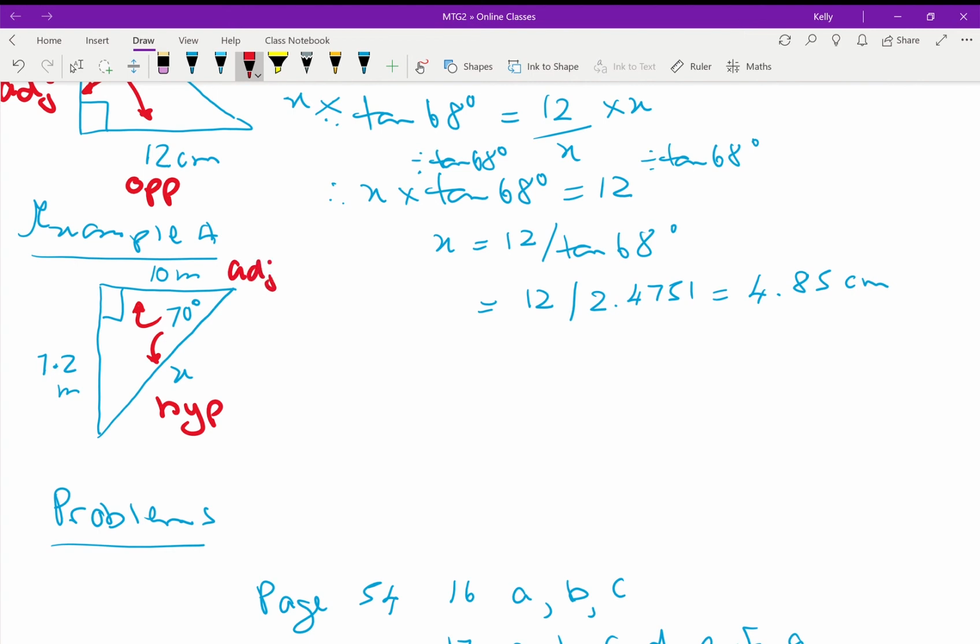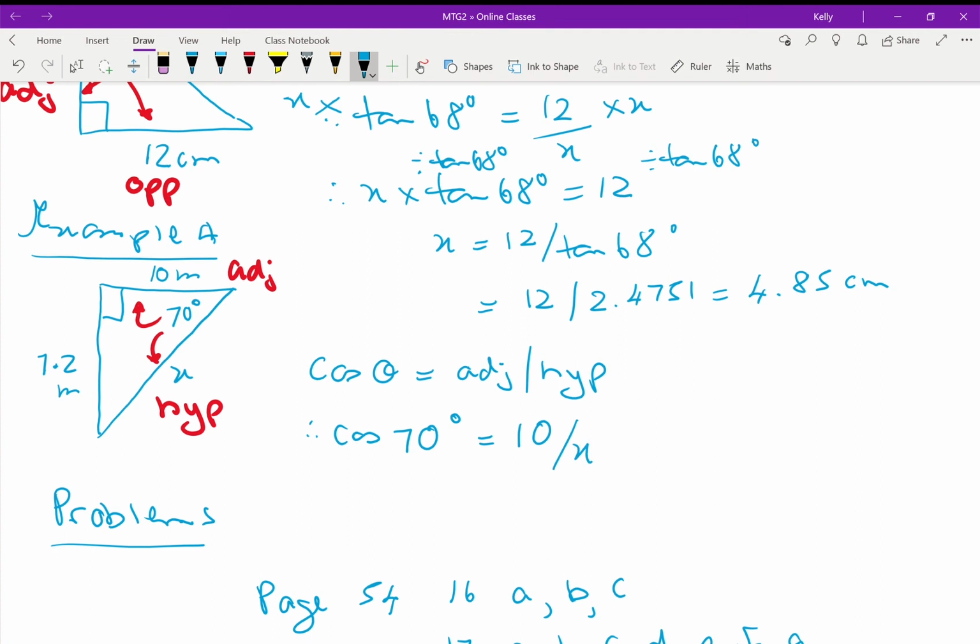The length is right next to the 70 degrees, so that's my adjacent, 10. My angle is 70, and my unknown is my hypotenuse. So cos of theta is equal to my adjacent side divided by my hypotenuse. Therefore, cos 70 degrees, my adjacent side is 10, and my hypotenuse is x.